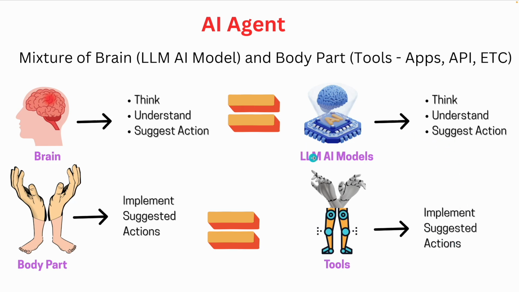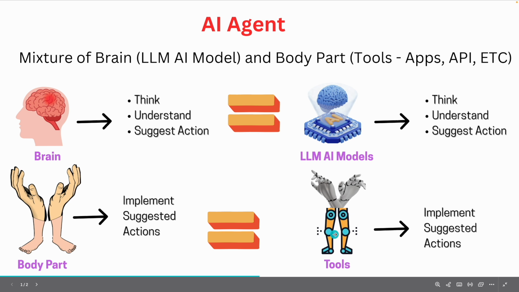They actually implement the action suggested by LLM AI models. Don't worry, we will cover LLM AI models in more detail, but just understand it is equal to, let's say, a human brain, but more powerful, more intelligent, and more smart. And like we humans have body parts, similarly you can equate them to tools for an AI agent.